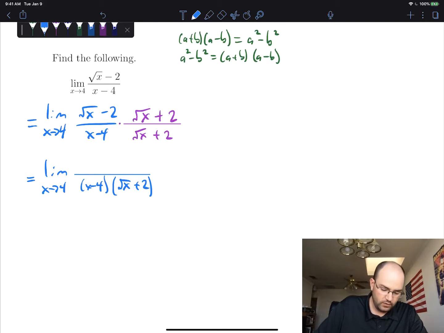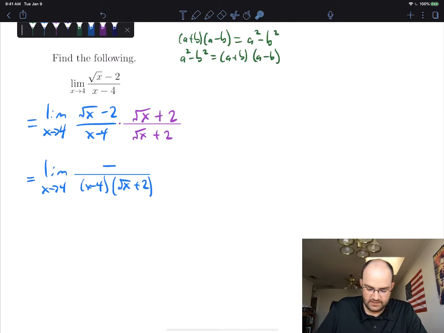In other words, we're going to have a minus sign and then square each of these. So square that. Square root of x squared is just x, because the square root and square are inverses of each other. And then the 2 squared is 4. And that's it. That is the product of square root of x minus 2 times square root of x plus 2. Now, if you want to, you could FOIL this out. I'm not going to. I'm just going to go ahead and use this formula.